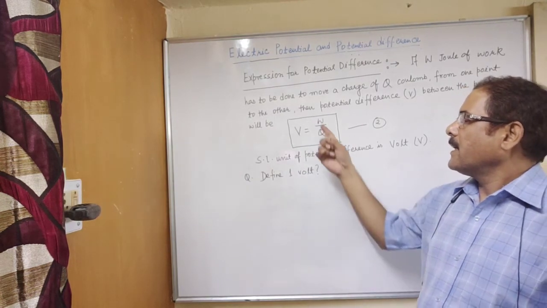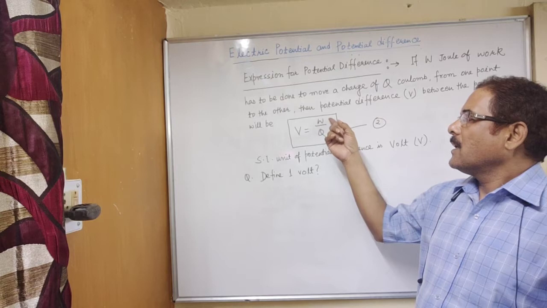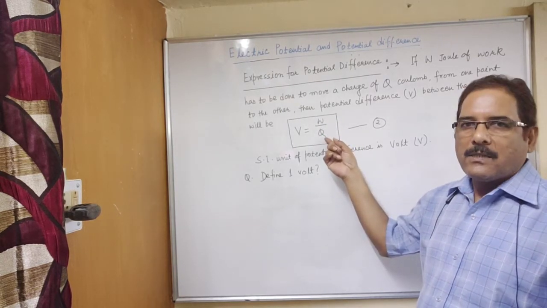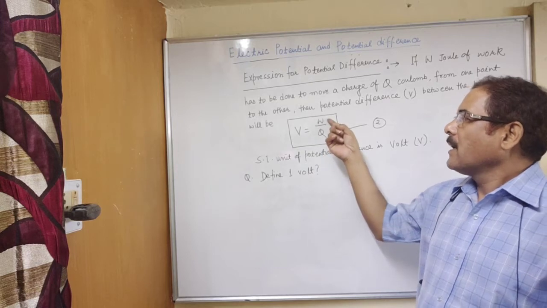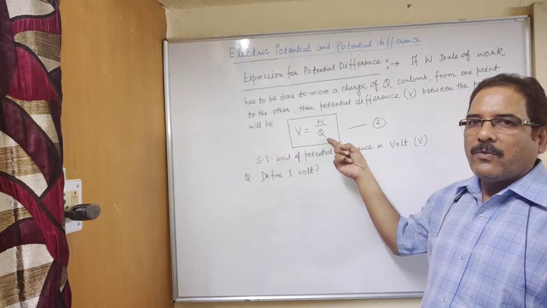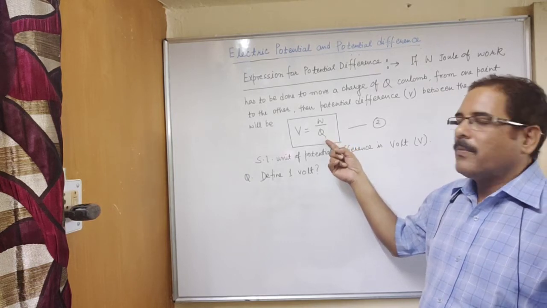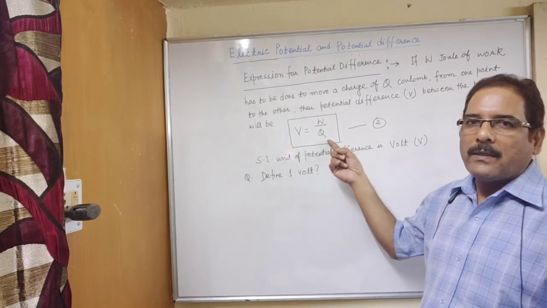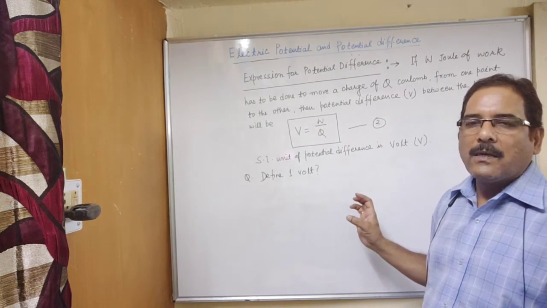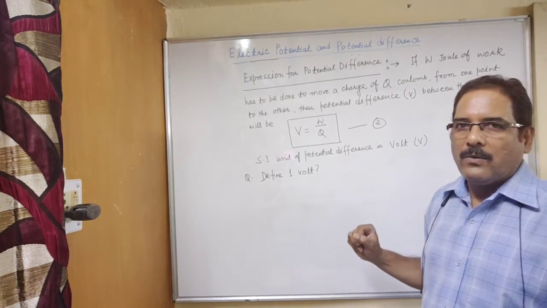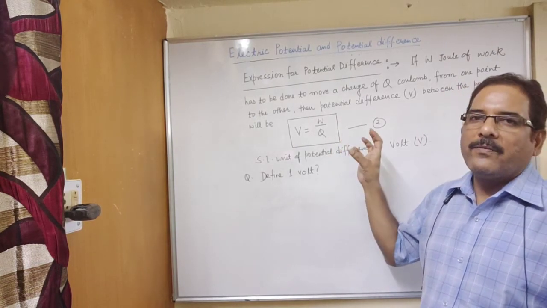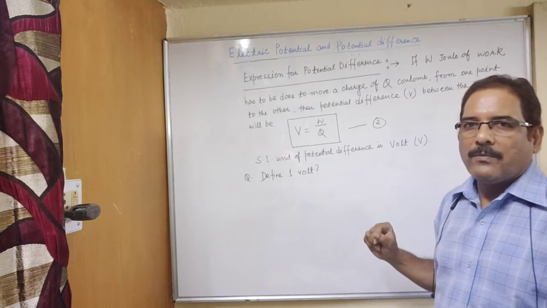As you know, the SI unit of work done is joule and SI unit of charge is coulomb. So if 1 joule of work is done to move a charge of 1 coulomb from one point to another in an electric field, then the potential difference between the points is said to be 1 volt.